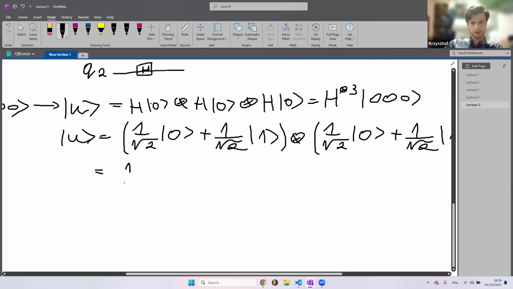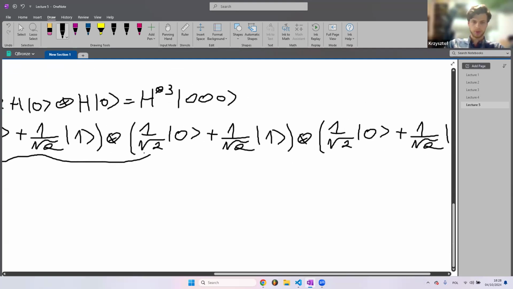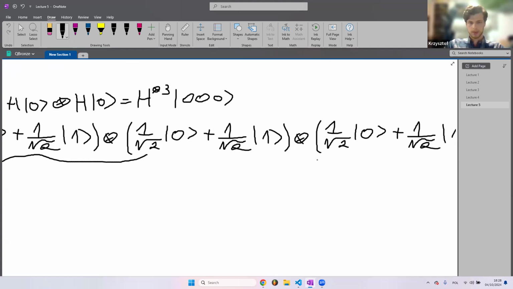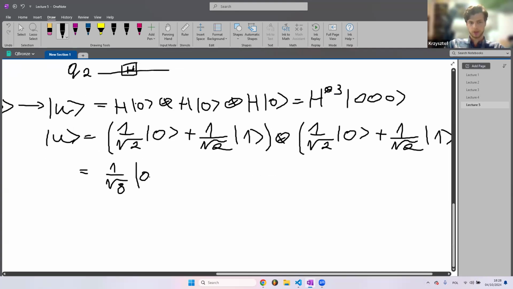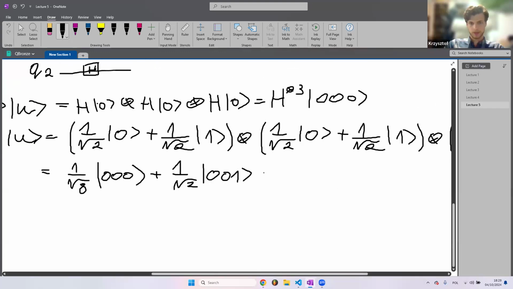So we will have 1 over square root of 8, because we multiply those square root of 2 three times. And then the resultant vector should be 0, 0, 0 plus 1 over square root of 8, 0, 0, 1. And there's not any way to fast forward it.